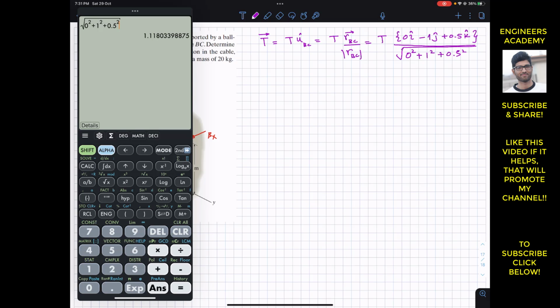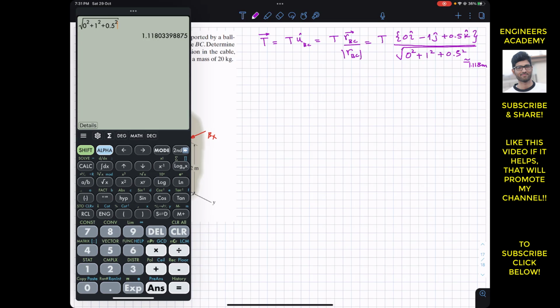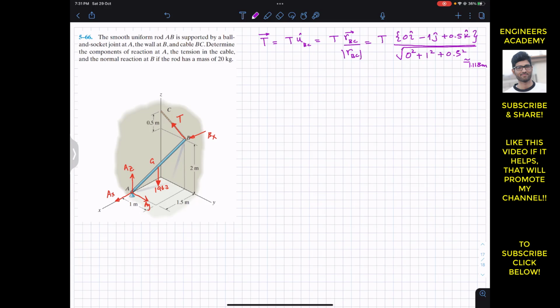This gives us approximately 1.118, and this magnitude is in meters, since all the units are in meters. The position vector always tells us the position of a given point.